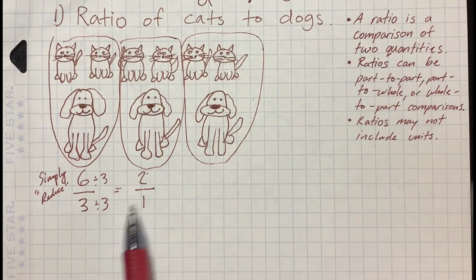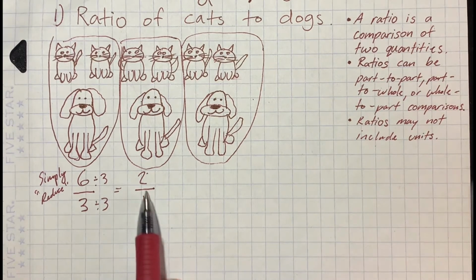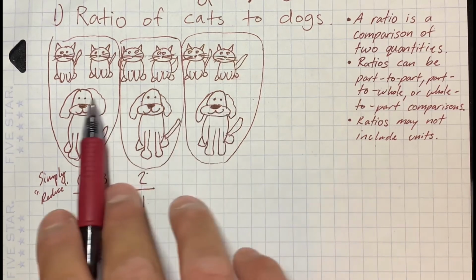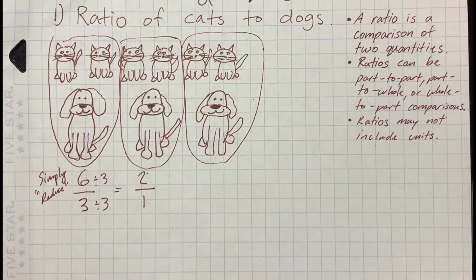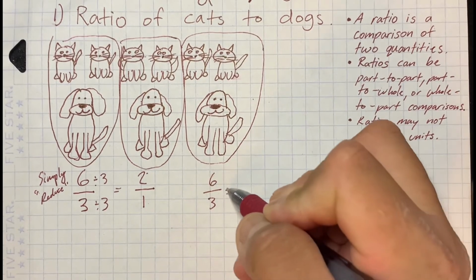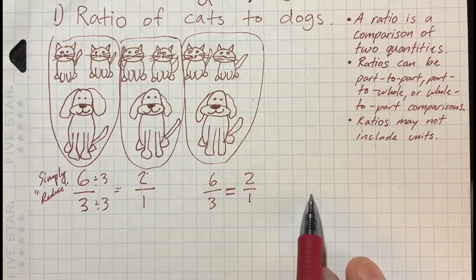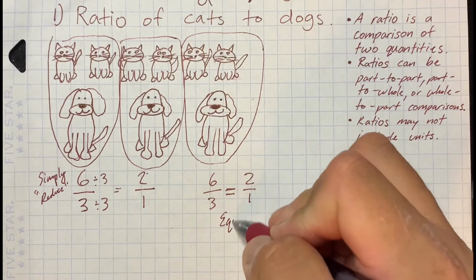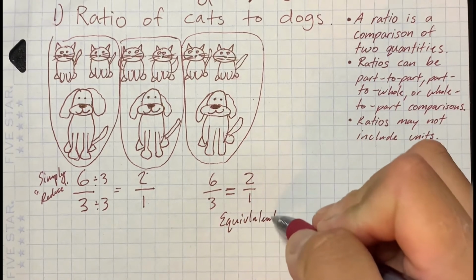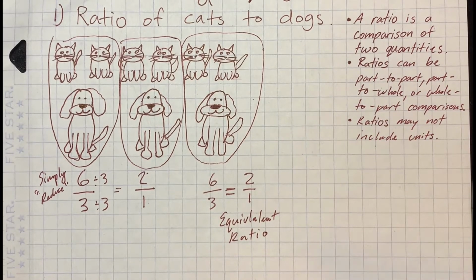And so what we said in our mathematical expression or a mathematical description here, now we've also showed it in a visual form. So what we would call this here, 6 cats to 3 dogs, would be equivalent to 2 cats to 1 dog. All we did was reduce by 3. So this would be called equivalent ratios. Now, that would also be like, you could say, a multiplicative relationship with equivalent ratios.